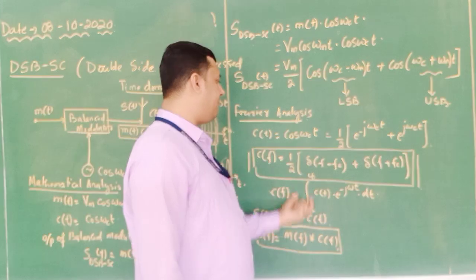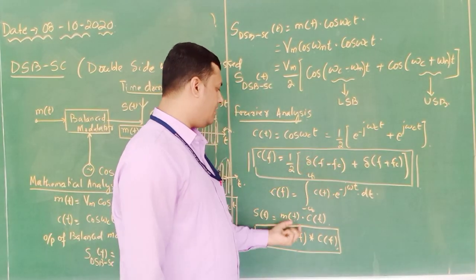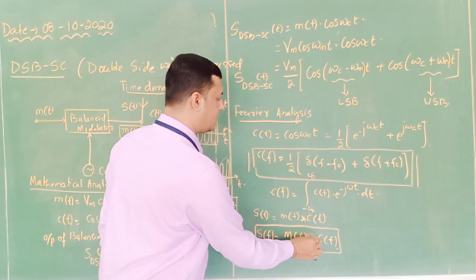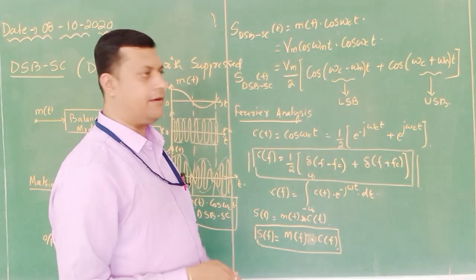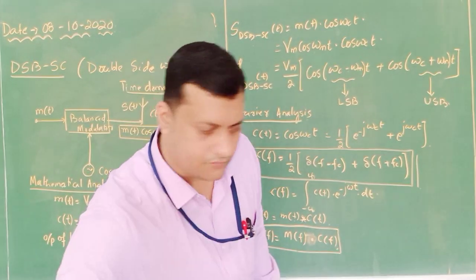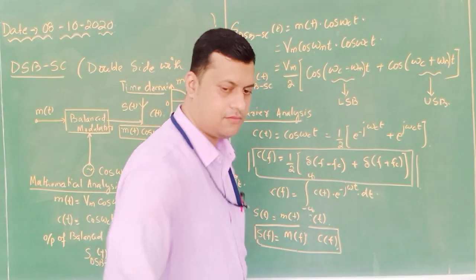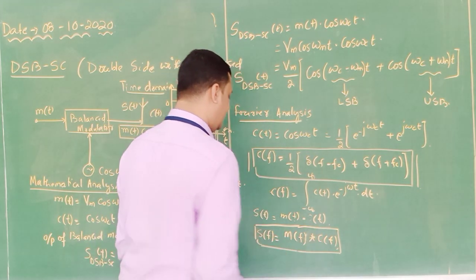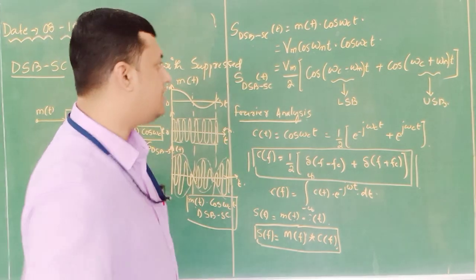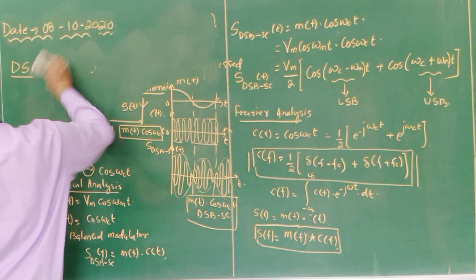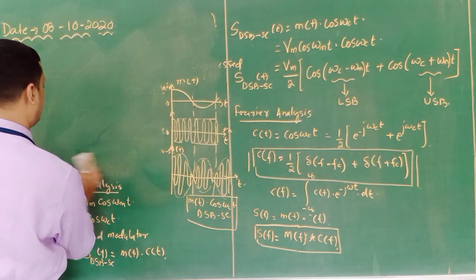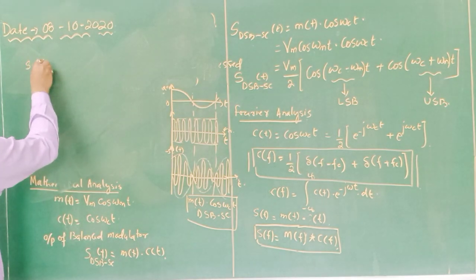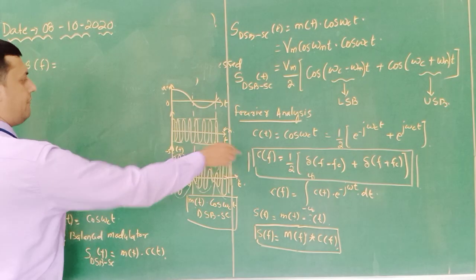So if m of f is multiplied with this component, or here you can take it as a convolution, whose Fourier transform is simply a multiplication with the frequency shifting, then what will be my s of f? So s of f, that is the DSB-SC signal, is m of f into this.